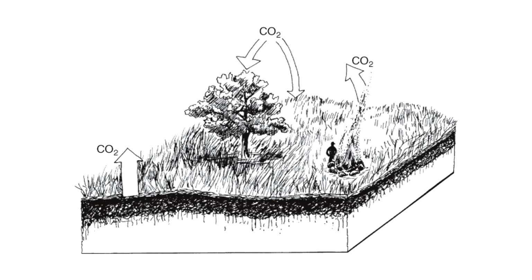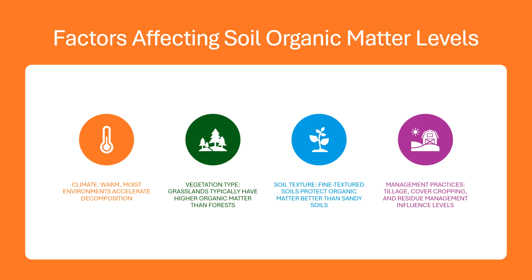Carbon enters the biosphere through photosynthesis and is cycled back into the atmosphere by decomposers and by burning. Soil organic matter levels are influenced by climate, soil texture, vegetation type, and management practices. For example, cooler climates slow decomposition, leading to higher organic matter, while sandy soils typically store less organic matter than clay soils.